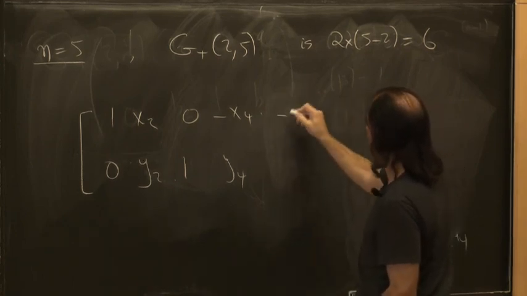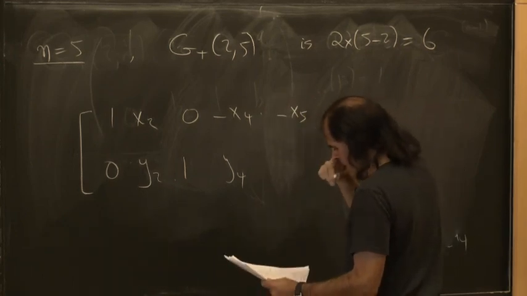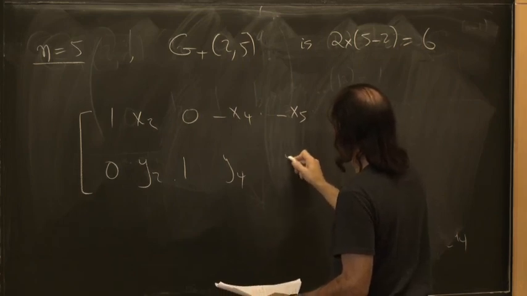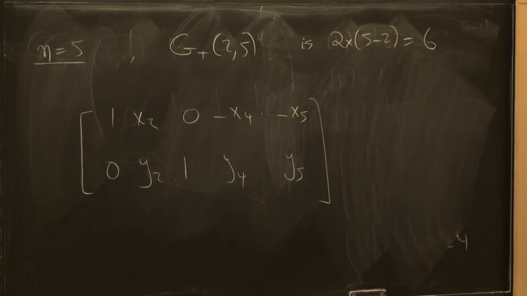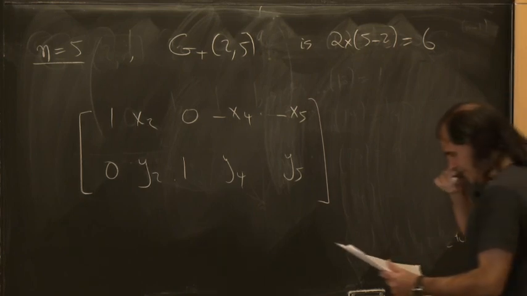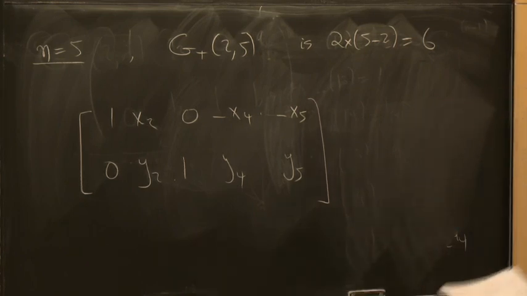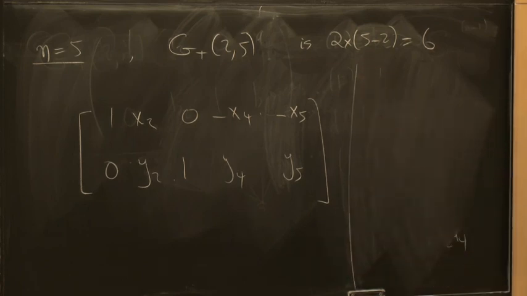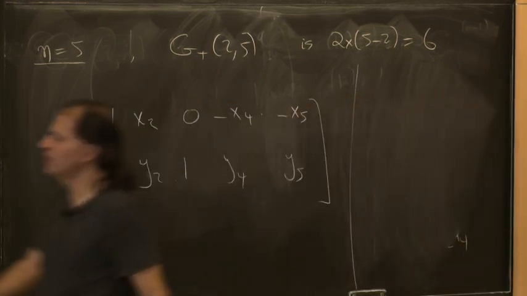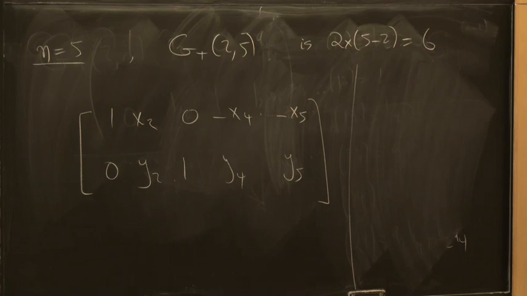So let me put a minus x5, y5 up here. It's my 2x5 matrix. Let's look at what the positivity conditions are. Now there are 10 minors. So this is going to be slightly more interesting.